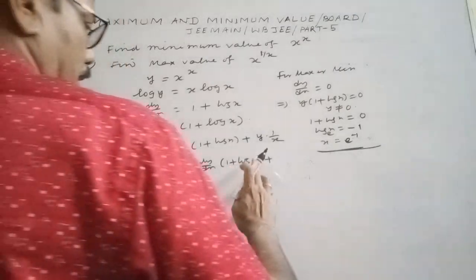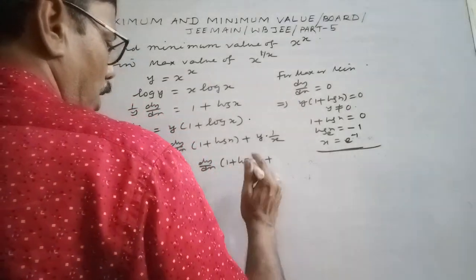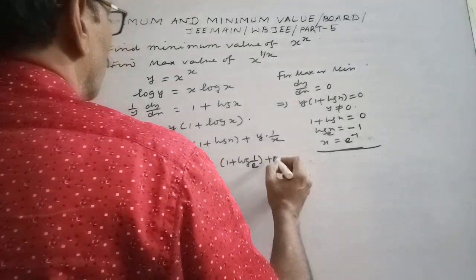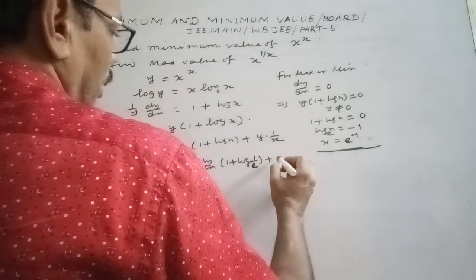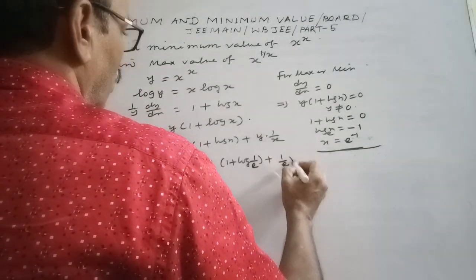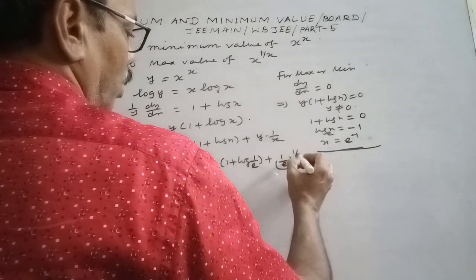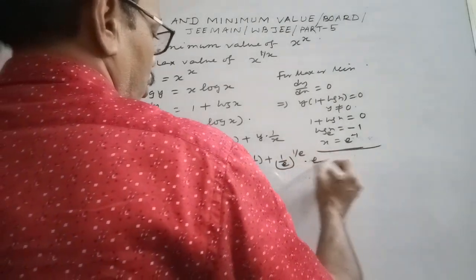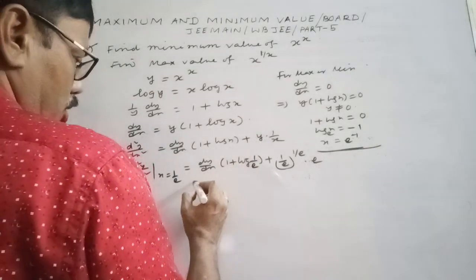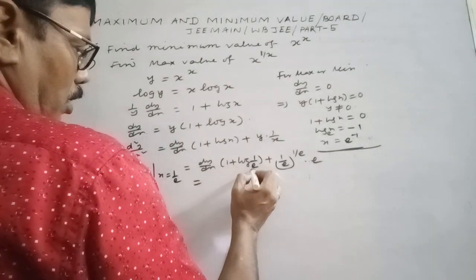dy/dx, 1 plus log 1 by e. So what is y? x to the power x, so (1 by e) whole to the power 1 by e, into e. Now this part is 0. This is log 1 minus log e.